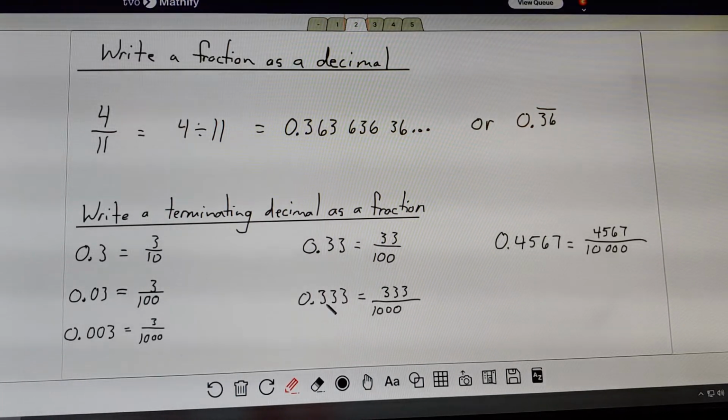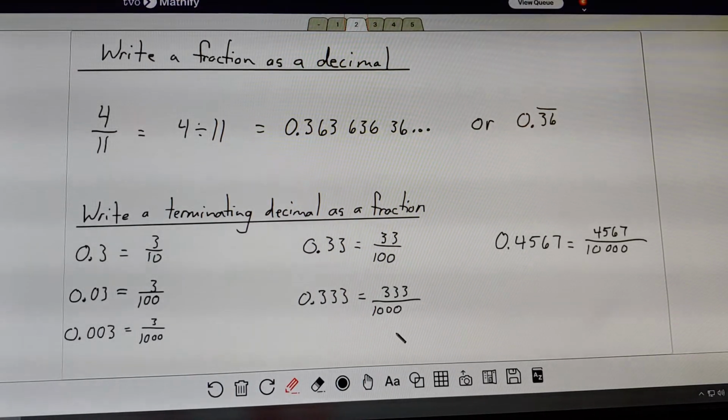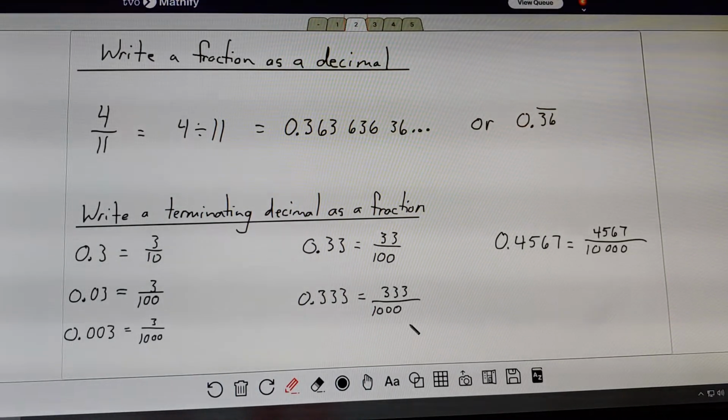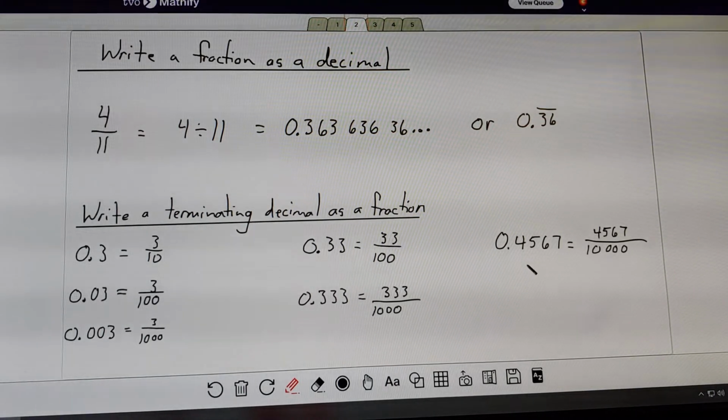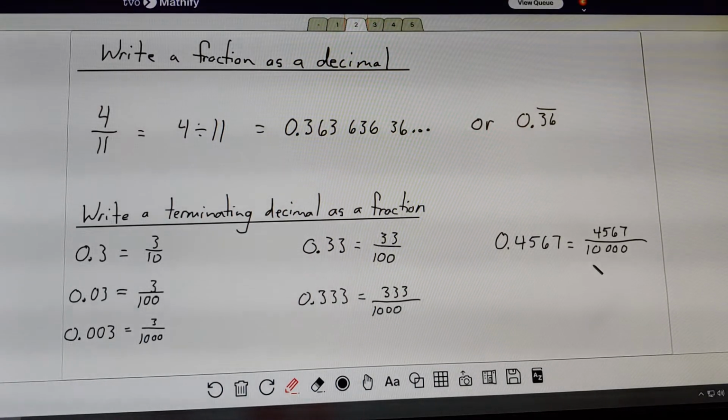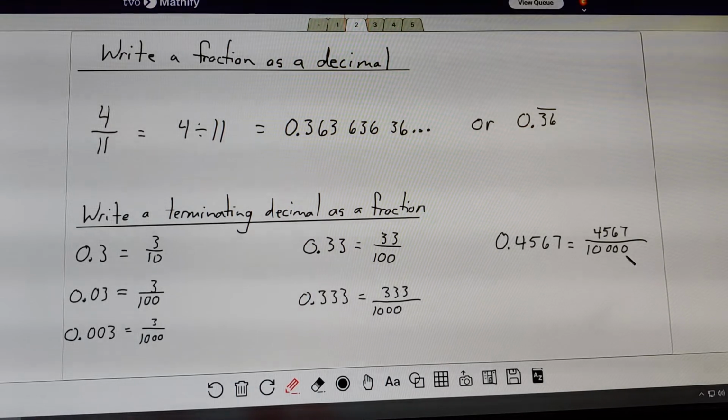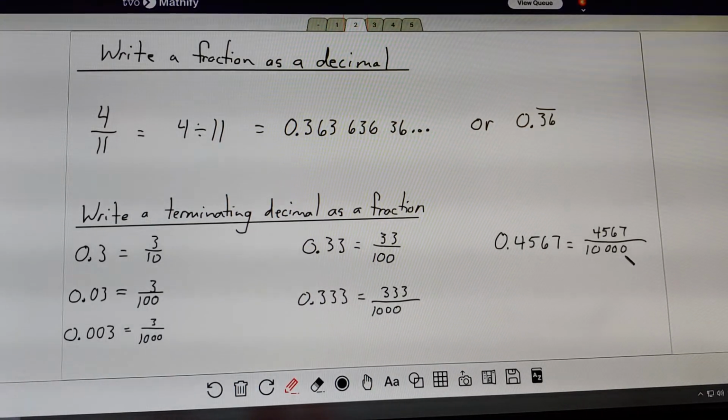So 33 over 100. 1, 2, 3 digits, 1, 2, 3 zeros. So 333 over 1,000. Even if you go bigger, 0.4567, there's 1, 2, 3, 4 decimal places. So we're going to put down a 1 with 1, 2, 3, 4 zeros. So 4,567 over 10,000. Okie dokie. Hopefully that's clear.